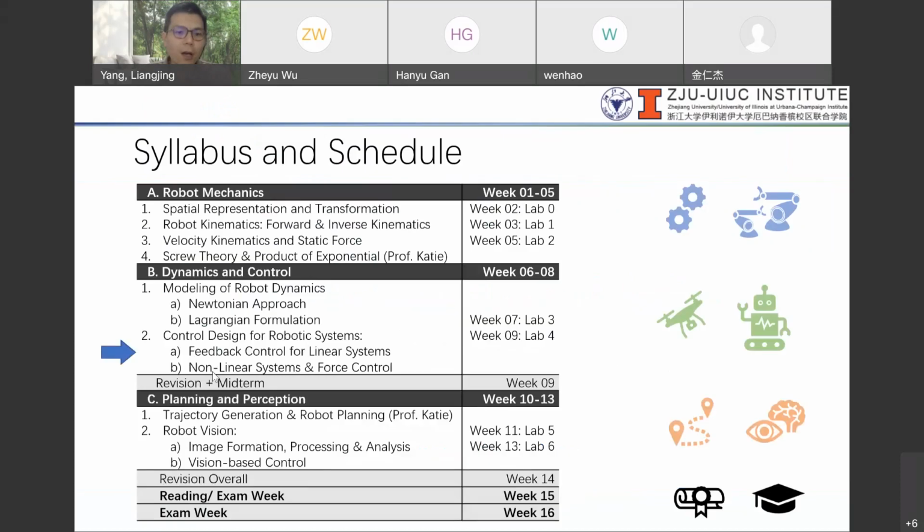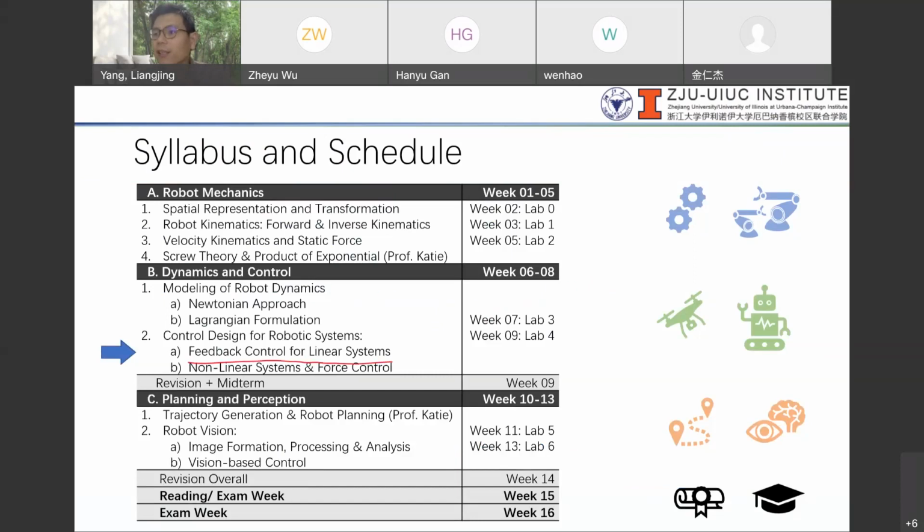We are right now at feedback control for linear systems. We did a very quick overview, and in the last lecture we also looked at independent joint control, how we can consider an entire manipulator arm as one that consists of many different joints.